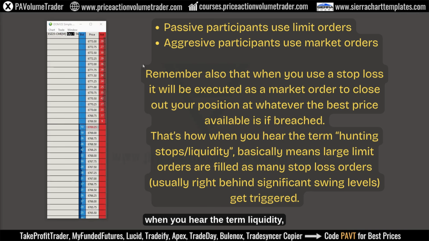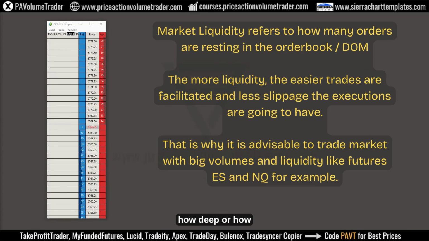Now, when you hear the term liquidity, what do we mean by liquidity? Liquidity means how deep it is, or how many orders we have on the DOM or on the different price levels.